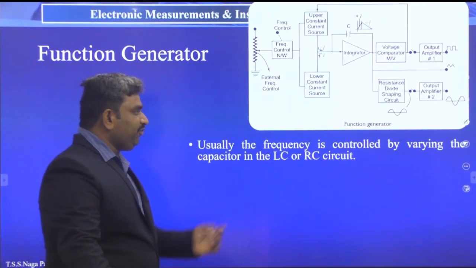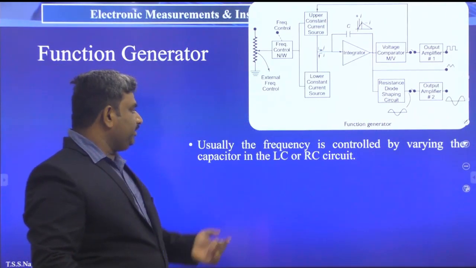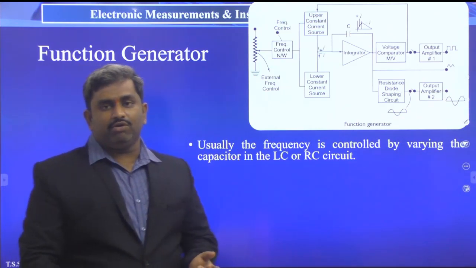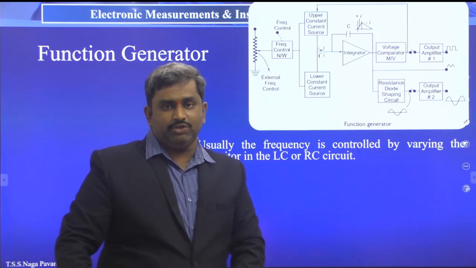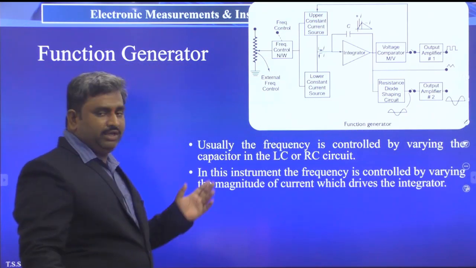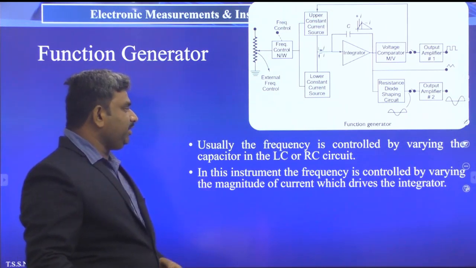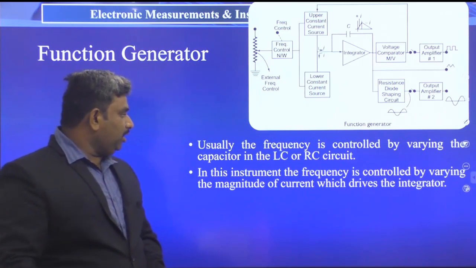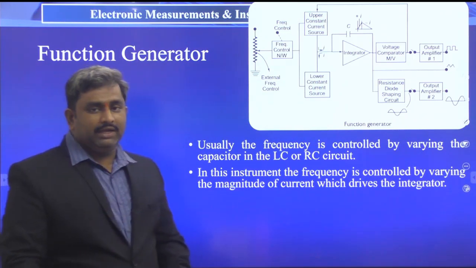Now, usually the frequency is controlled by varying the capacitor in the LC or RC circuit of the frequency control network, and we can vary the frequency of the oscillator that way. In this instrument, the frequency is controlled by varying the magnitude of the current which drives the integrator.